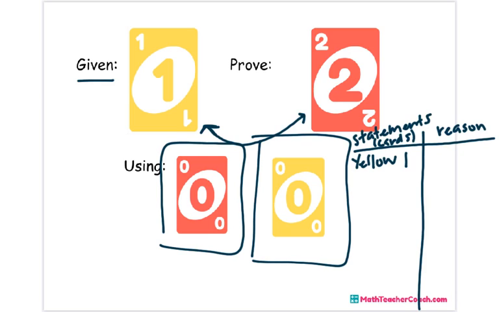It was just given to us. So if it's given, then we're going to play our next card however we need to, whatever card we need to use in order to get to our red 2. So let's see, what card can we use next after the yellow 1? So I would say the yellow 0.